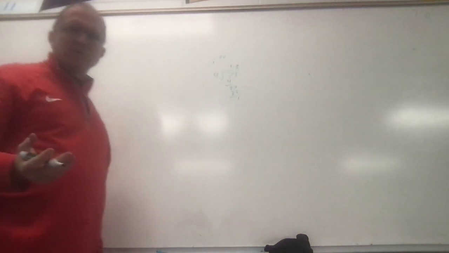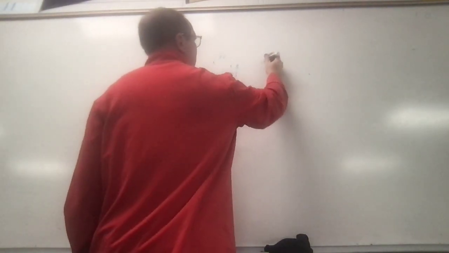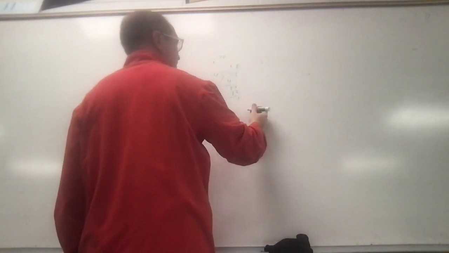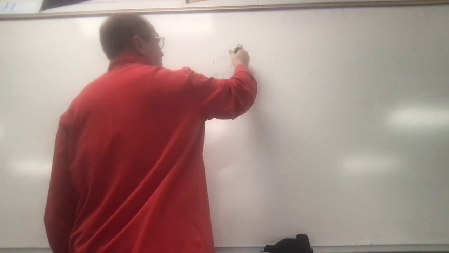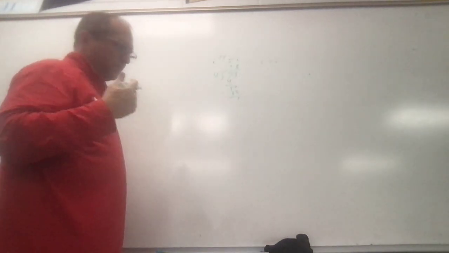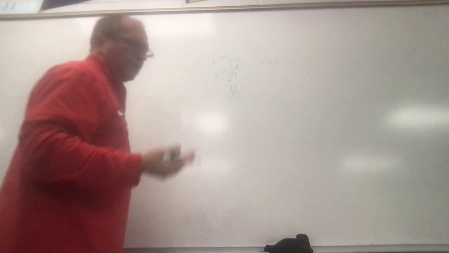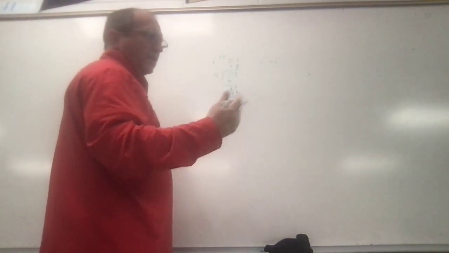Well, with that remainder of 1, what we see is that would coincide with what i to the first is. And i to the first is, of course, just i. So i to the 73rd is the same thing as i. If a number has a remainder of 2, it's negative 1. A remainder of 3, it's negative i.